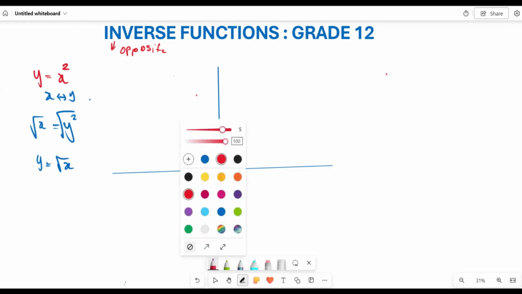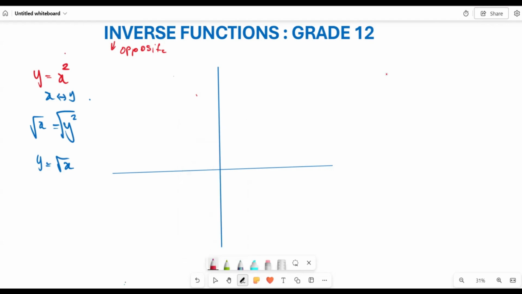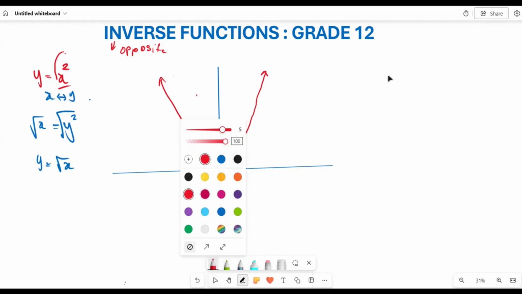Number one, we know that this will be our original function, and our parabola function goes something like this. This is a smooth curve where it goes down like this and comes back upward like this, right?